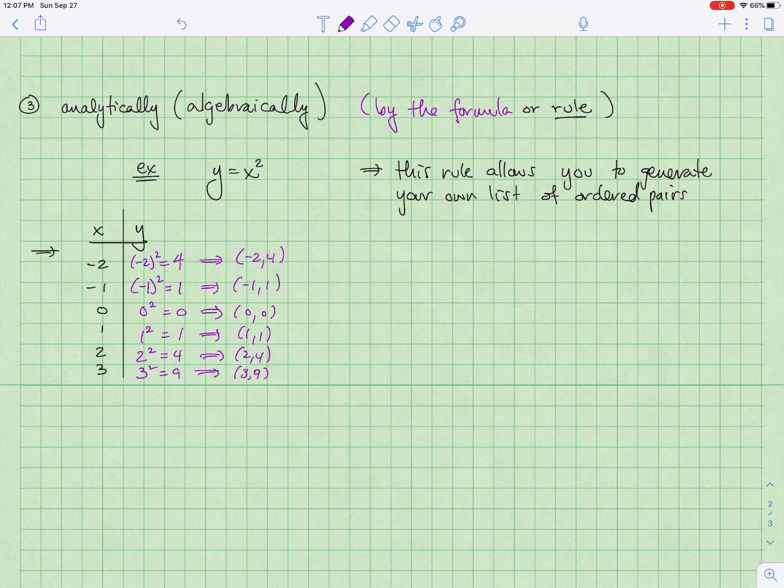And so this rule allows you to generate your own list of ordered pairs and then graph those ordered pairs.